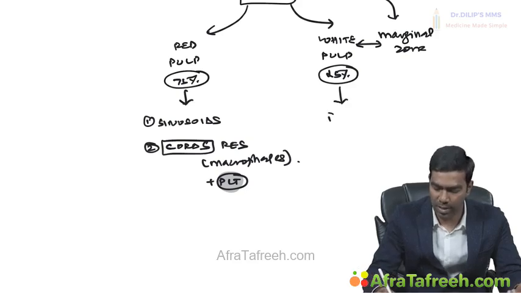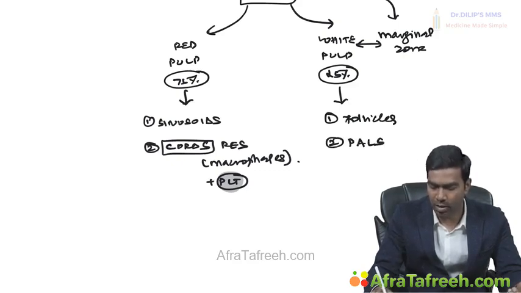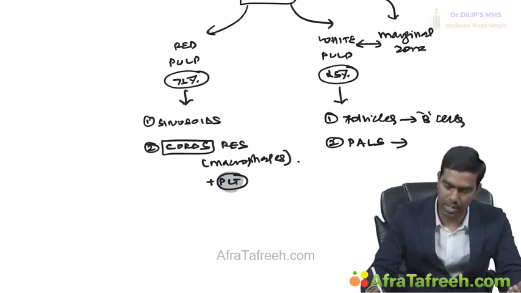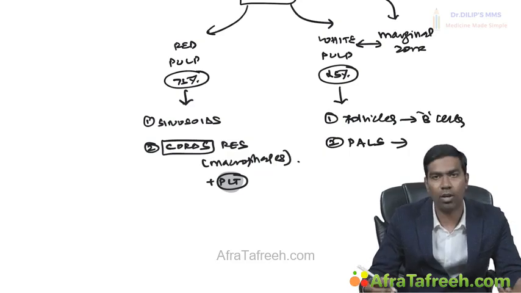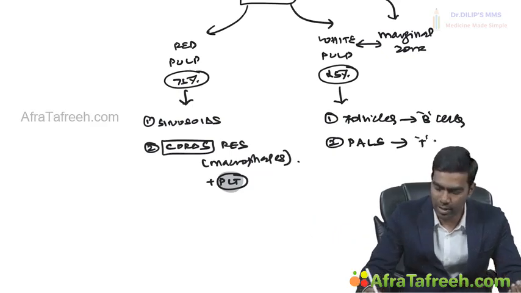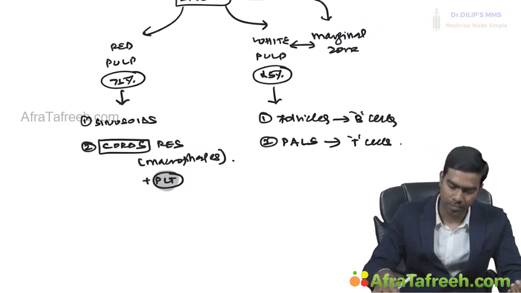Then the white pulp. There are two areas in the white pulp. One is the follicles, and the second is the periarteriolar lymphatic sheath. The follicles are the places where you get the B cells, and the periarteriolar lymphatic sheath, or the perifollicular areas, which is similar to the perifollicular areas in the lymph node, are the zones which contain the T cells.